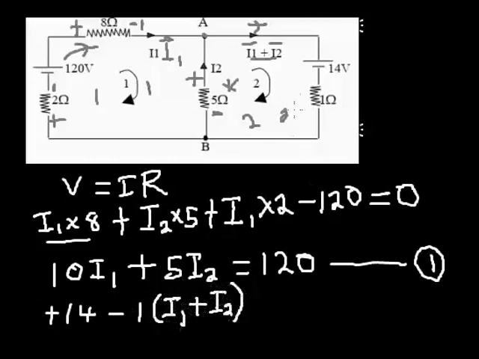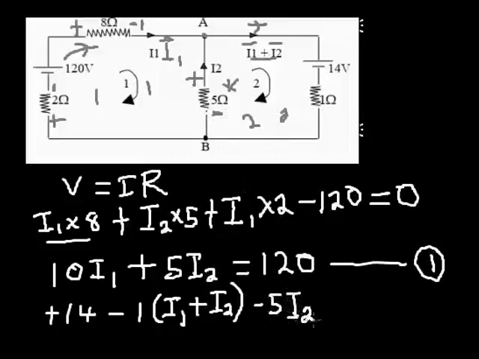Close the bracket. Remember this negative, if I still trace it, this 5 on here I'm encountering negative, so that's still going to be minus 5I2.